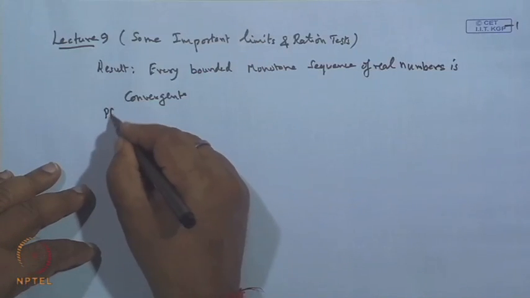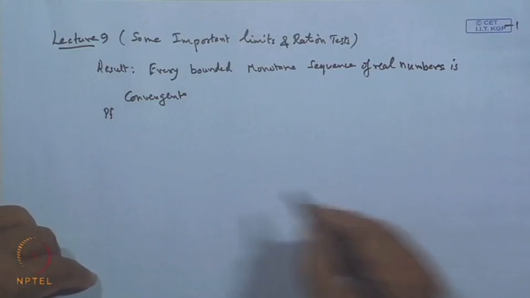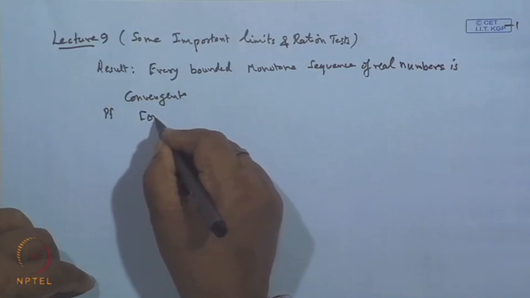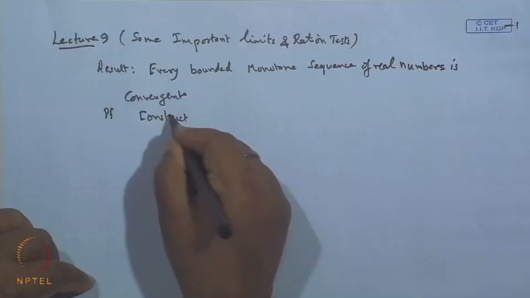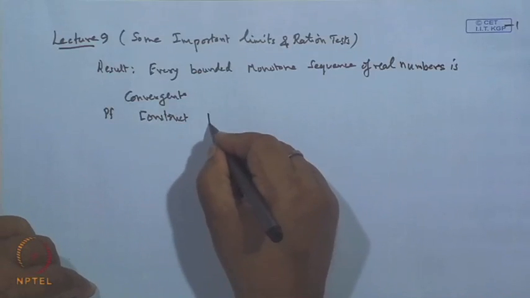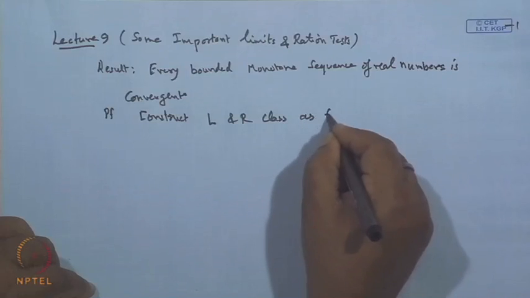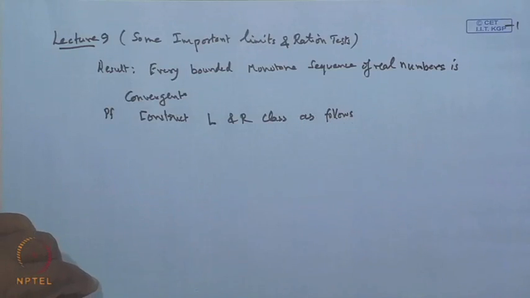To show the proof of this, we will construct two classes, L and R, as follows. L means the lower class and R is the upper class.